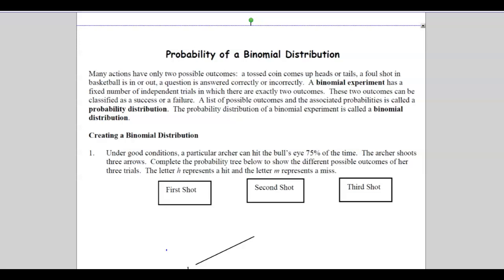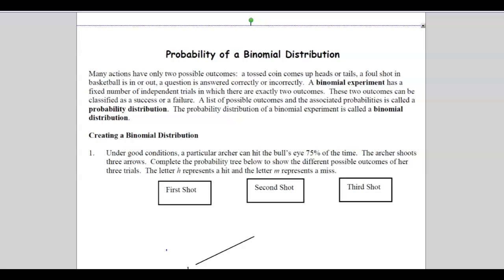This is really calculating more probabilities. The specific case here is calculating probabilities for an experiment where only a success or a failure can happen. Sometimes we call it a hit and a miss. So there's the binomial, two things.